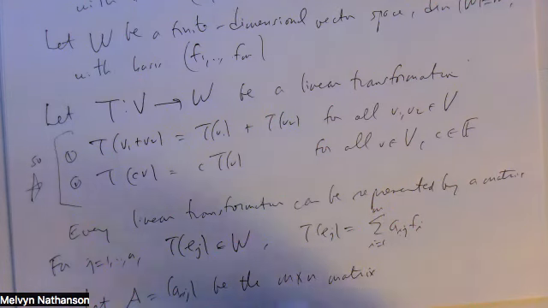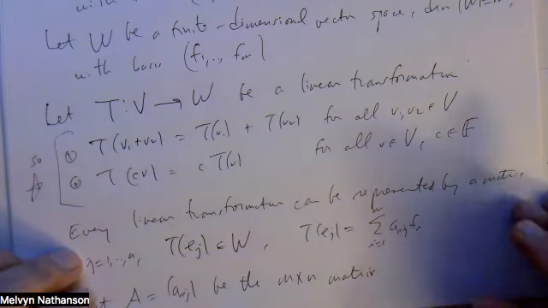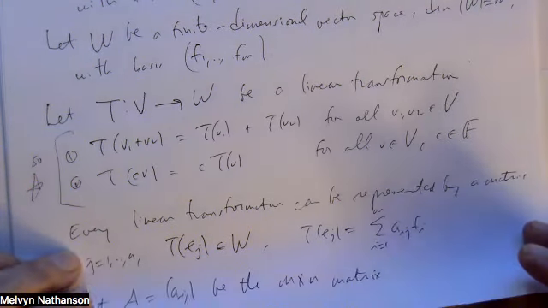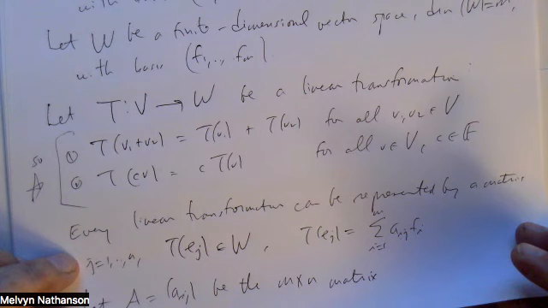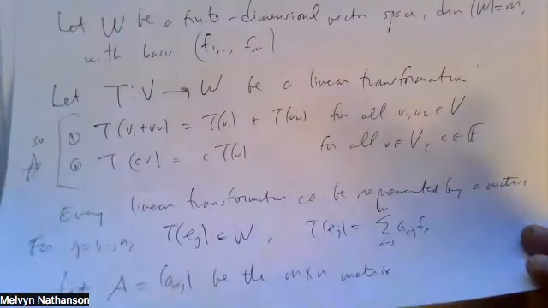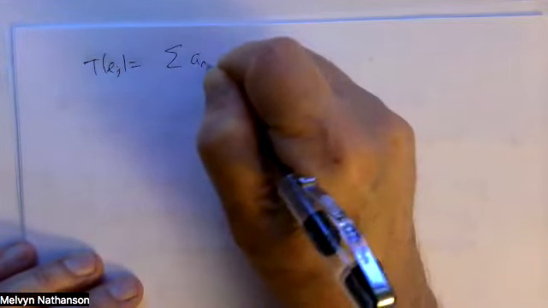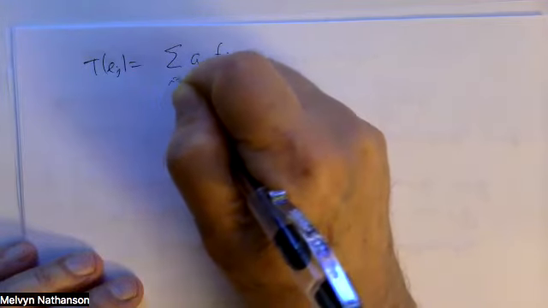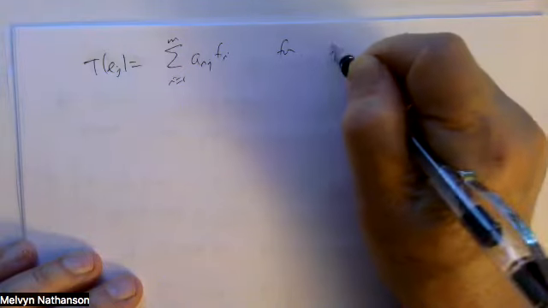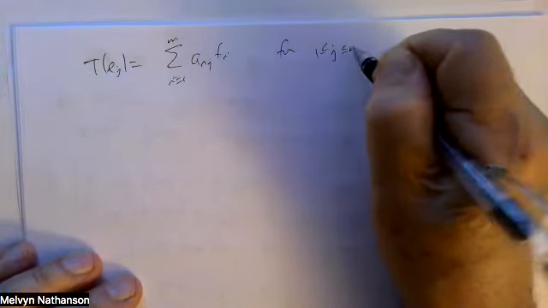That defines a matrix A. And what is the connection between the matrix A and the linear transformation T? So again, T of Ej is summation Aij f sub i, i goes from 1 up to m, for all j between 1 and n.